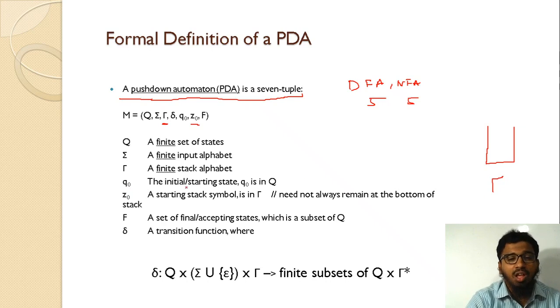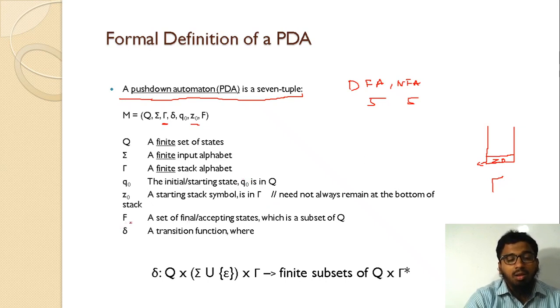Same, Q0 is the initial state or starting state of Q. What is Z0? Z0 is the starting stack symbol in tau. It need not always remain at the bottom of the stack. We can remove this. How to remove and how to add, I will explain at the time of the problem.